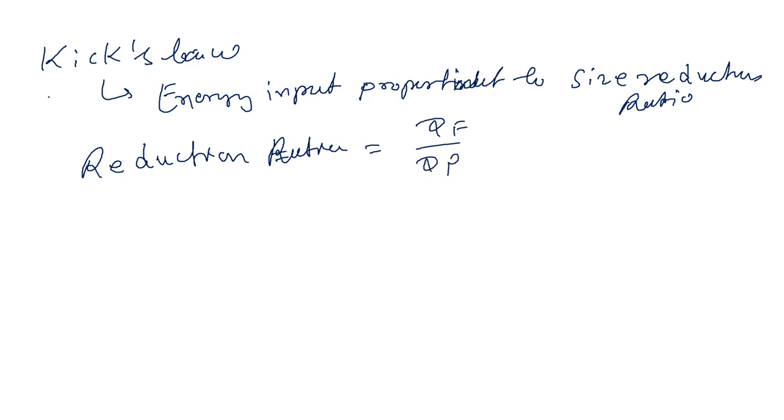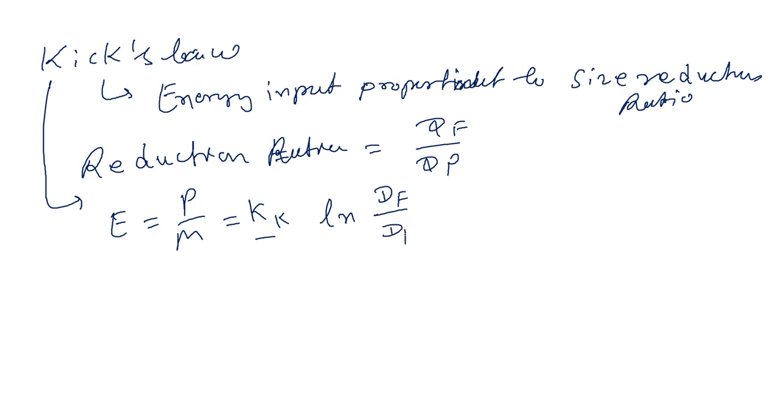Kick's law can be written as E = P/M = K_K ln(dF/dP), where K_K is Kick's constant, dF is the feed size, dP is the product size, P is the power, M is the rate, and E is the energy consumed.